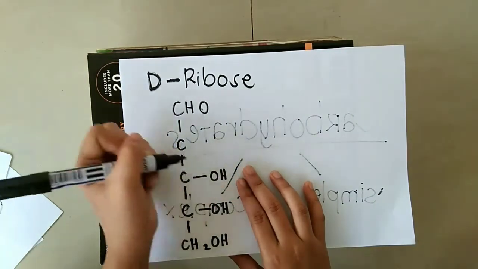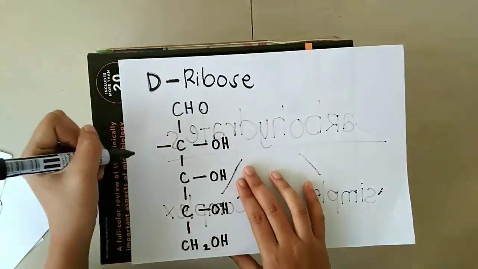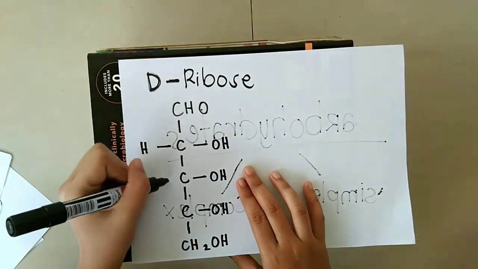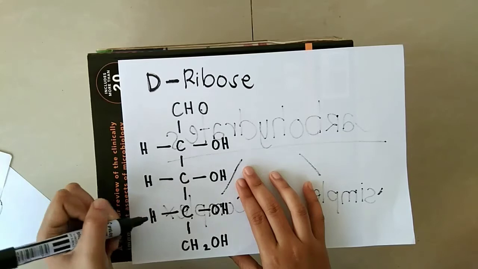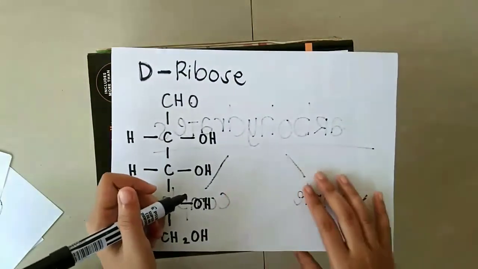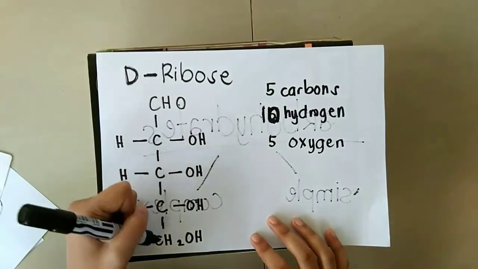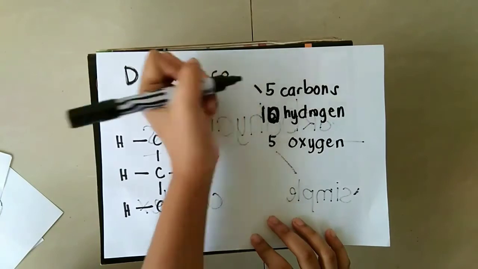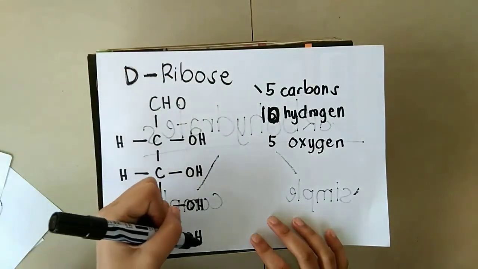Ribose is a simple sugar and carbohydrate with a molecular formula of C5H10O5, which means there are 5 carbons, 10 hydrogen, and 5 oxygen.